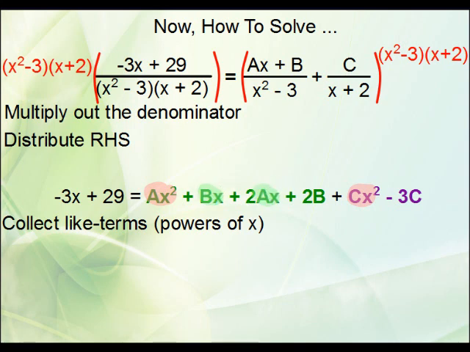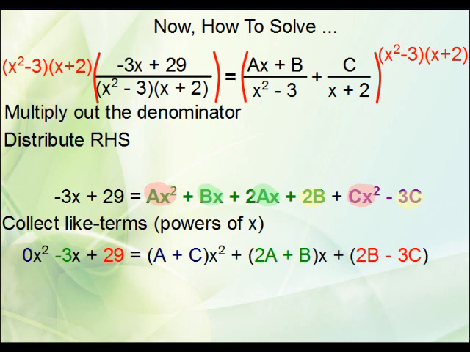They go together, and that leaves you with the ones without any powers of x, and that is the 2b and the negative 3c. So what you wind up with is this. You get a plus c quantity x squared. You get 2a plus b quantity times x plus 2b minus 3c.